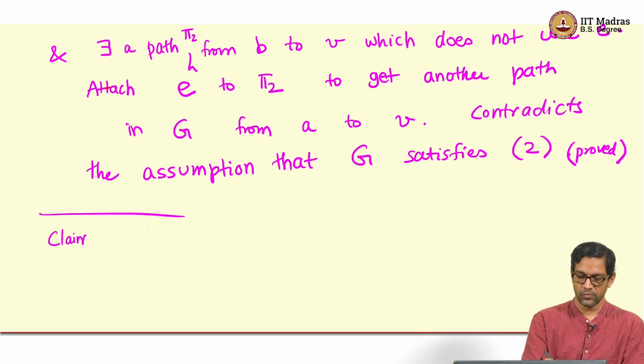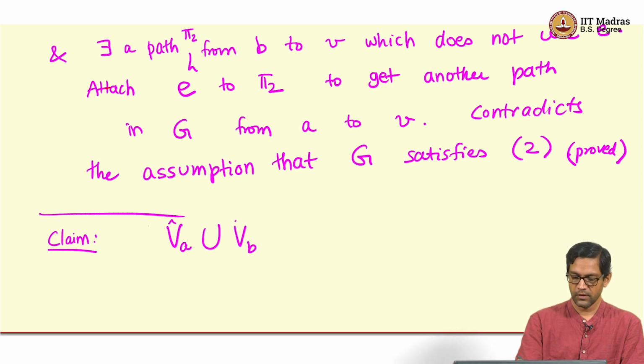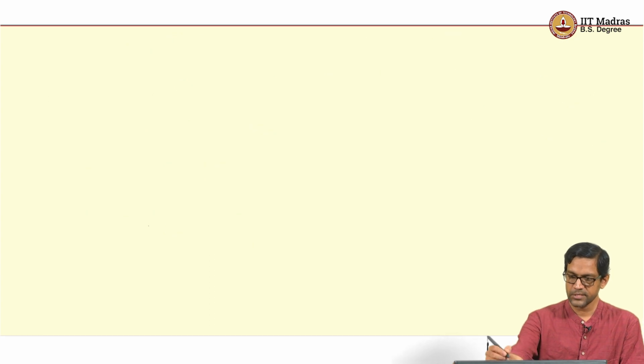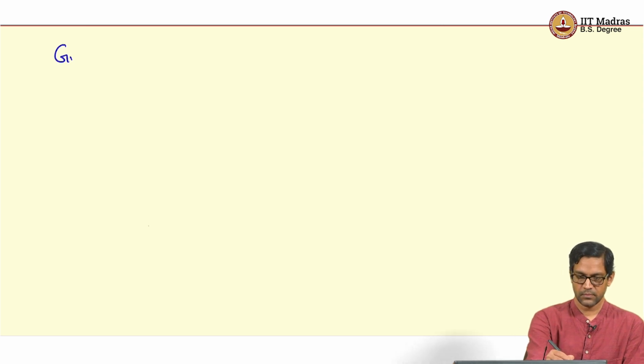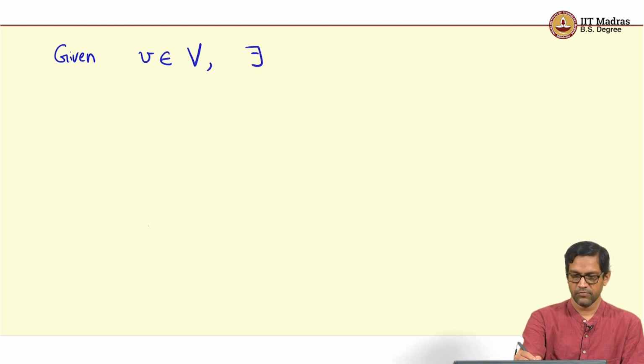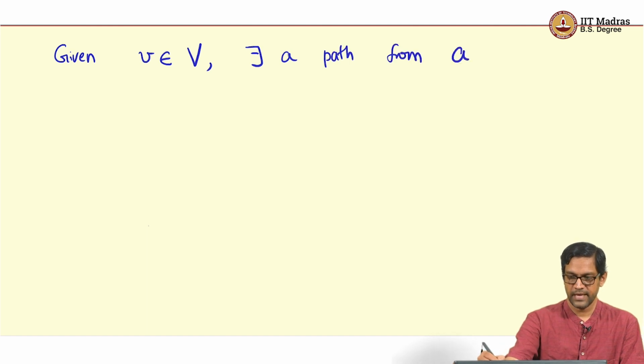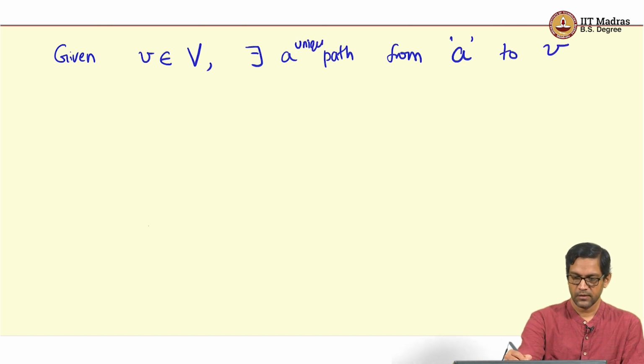So, now let us prove the second part of the claim. Now I will just show VA hat union VB hat is the entire vertex set, and to do this we will look at two cases. So, given any vertex V, we know the following: there exists a path from the vertex A to V. In fact, there exists a unique path from the vertex A to V. Okay.